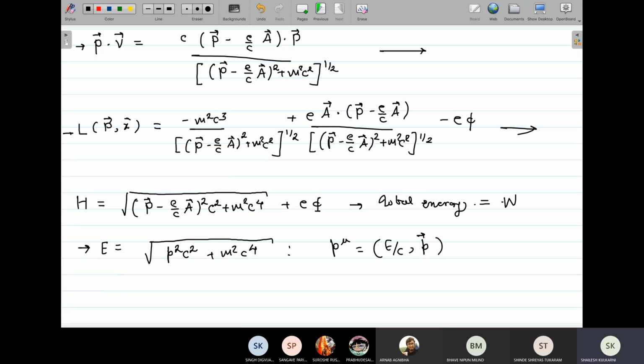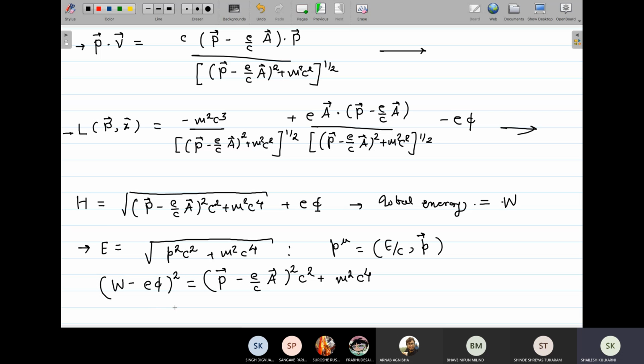So I will consider W minus e phi, squared, equal to (vector P minus e/c A) squared c squared plus m squared c to the power 4.